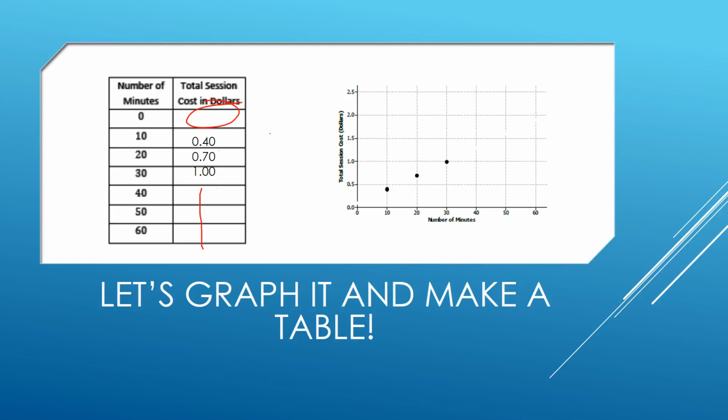So we added 30 cents to each one of these to get our totals. But if we subtract 30 cents here, we get 10 cents. Is it possible to access something for 0 minutes?